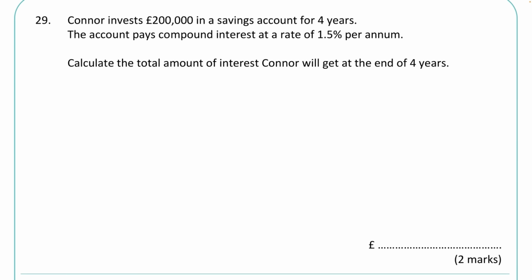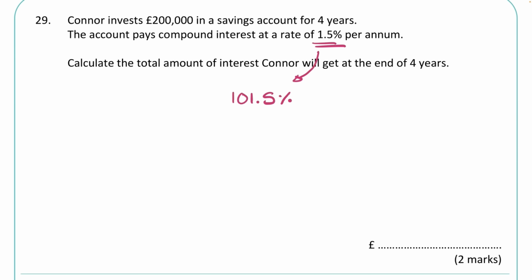We want to use the calculator approach, but within that, we have sort of 2 methods in terms of how we type it in on the calculator. So with 1.5%, you need to either be aware or know how to convert that into a multiplier, or you can actually use your percentage button on the calculator. Now, if we are going up by 1.5% each year, then every year we have 101.5%.